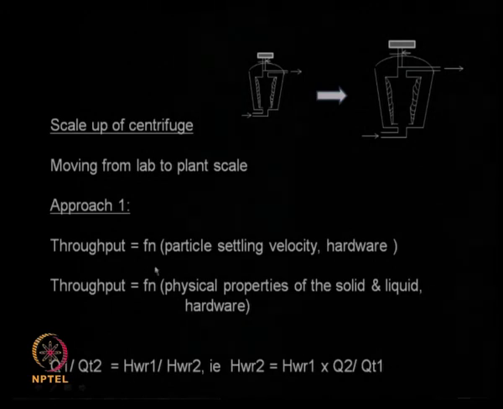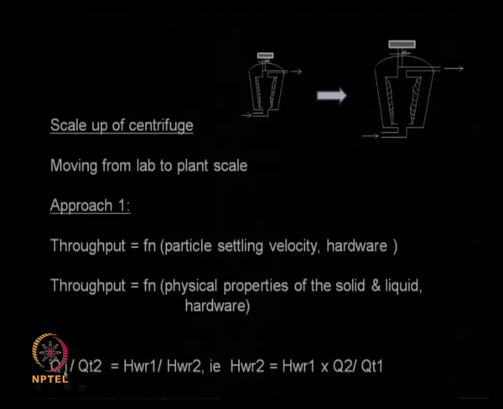So if I have certain data on small scale, I can extend it to a similar designed hardware, that means geometrically similar designed hardware, using this particular relationship, that means throughput is a function of particle settling velocity into hardware.